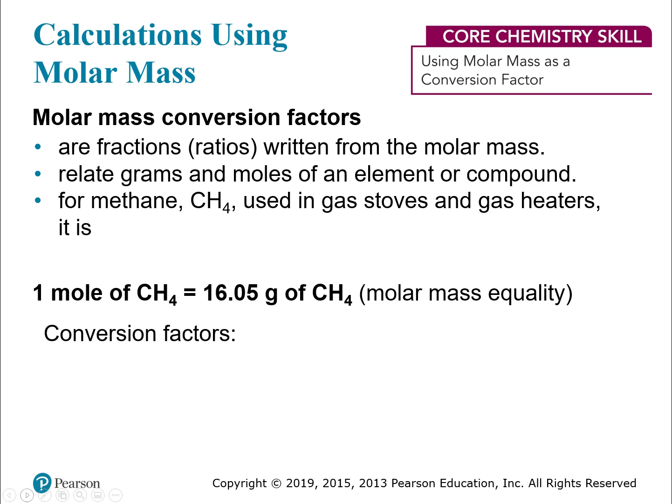We covered molar mass. We said that we can write molar mass as conversion factors, but let me show you what that looks like. So this is the equality. We've got methane gas here, and that's used in like gas stoves and stuff like that, natural gas. The conversion factors we can write would be 1 mole of methane over the number of grams in 1 mole of it.